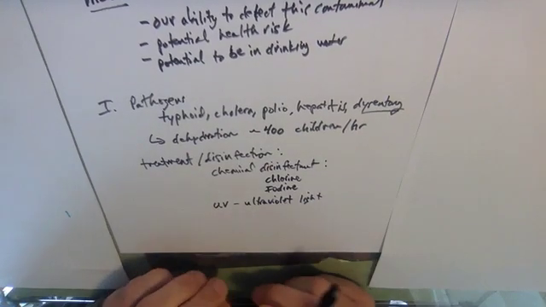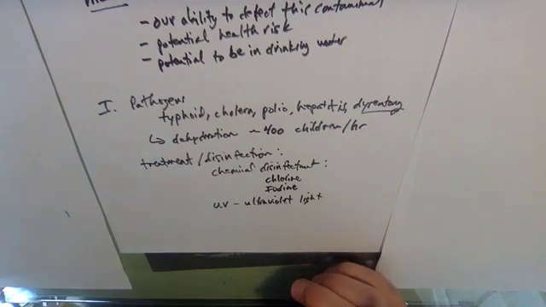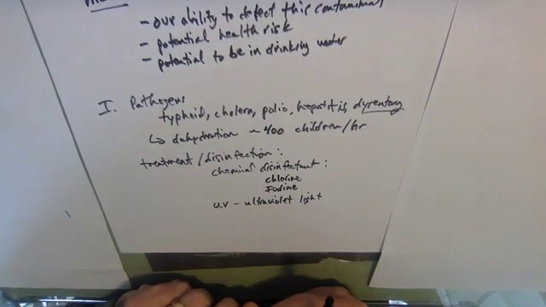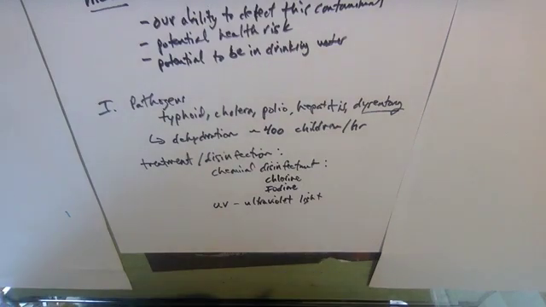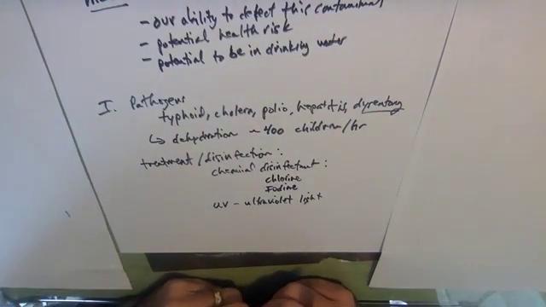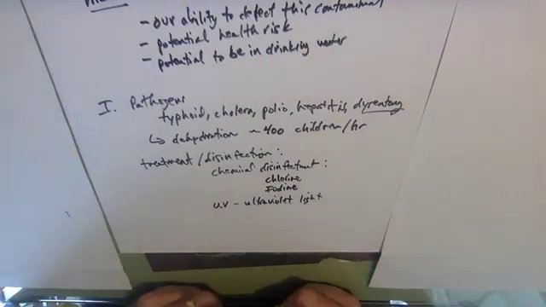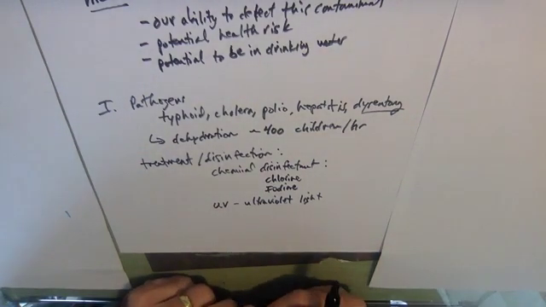The ultraviolet lights don't actually kill the microorganisms, but they do fracture their DNA, making it impossible for them to replicate. So they become essentially sterile, and without the ability to replicate, they're harmless.